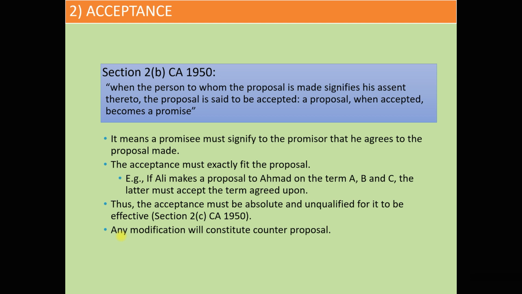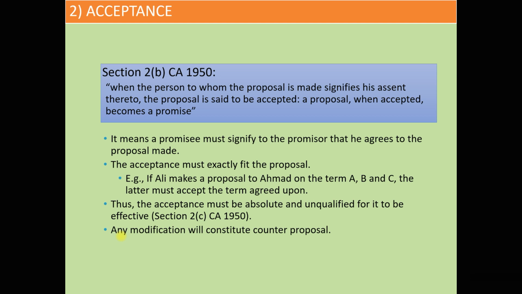There is also communication whereby the promisee signifies to the promisor that he or she agrees to the proposal made. One more thing which is also important is that the acceptance must exactly fit the proposal. What is meant by fit?